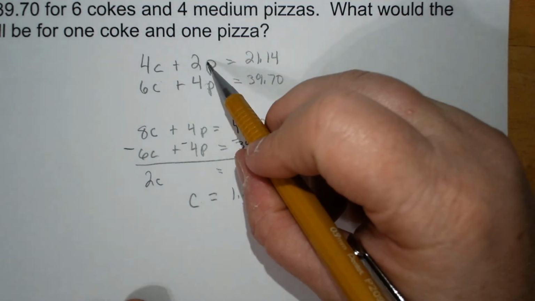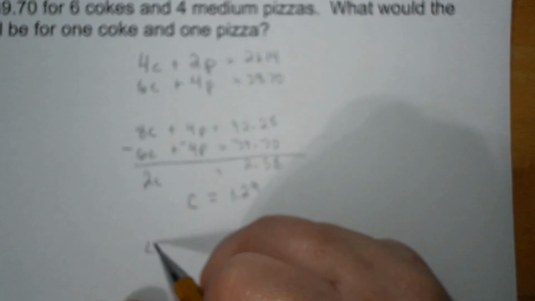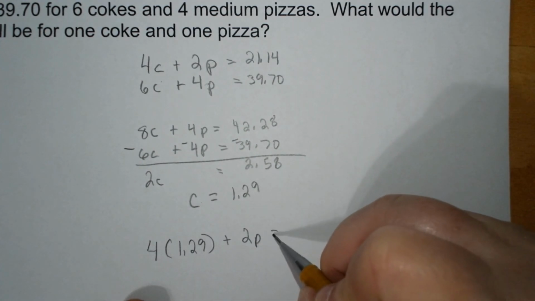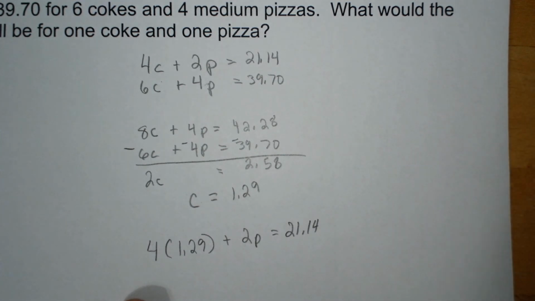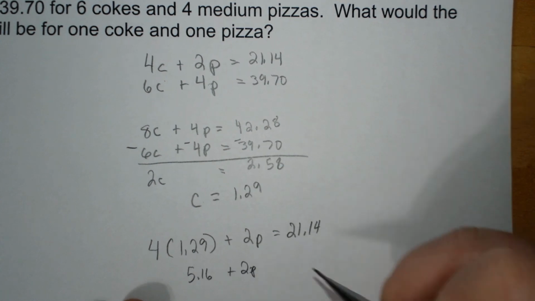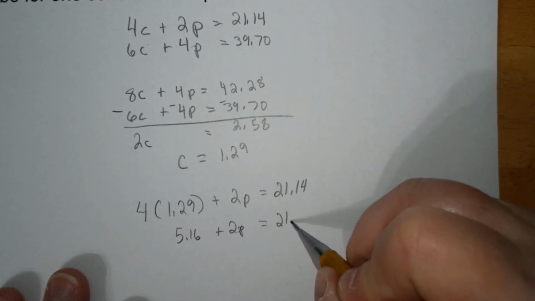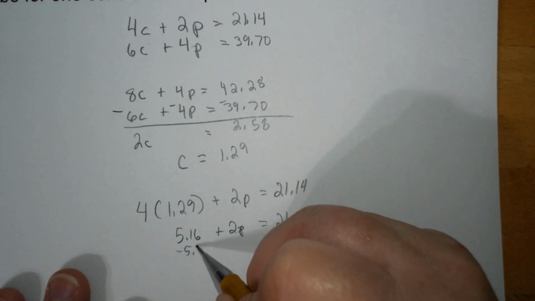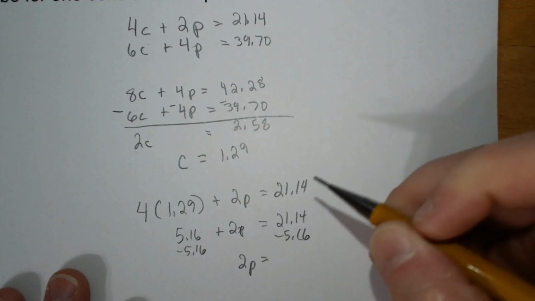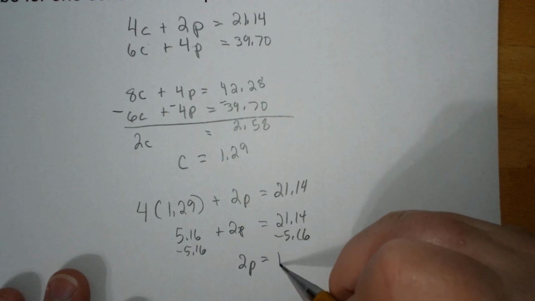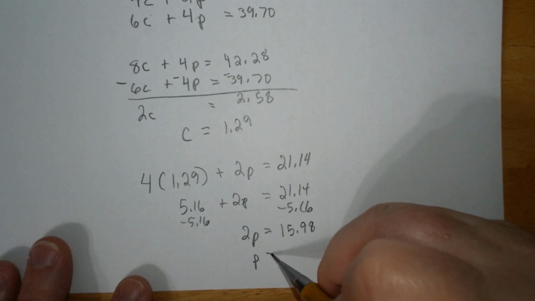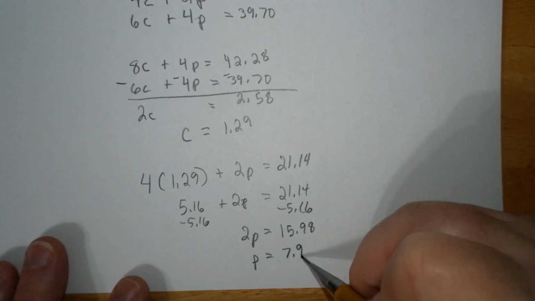Then I'm going to substitute it into the top one. So I have 4 times $1.29 plus 2 pizzas equals $21.14. This is $5.16 plus 2 pizzas equals $21.14. Subtract the $5.16. 2 pizzas equals $15.98. 1 pizza equals $7.99.